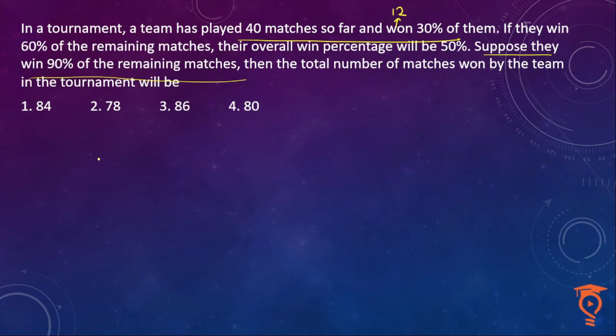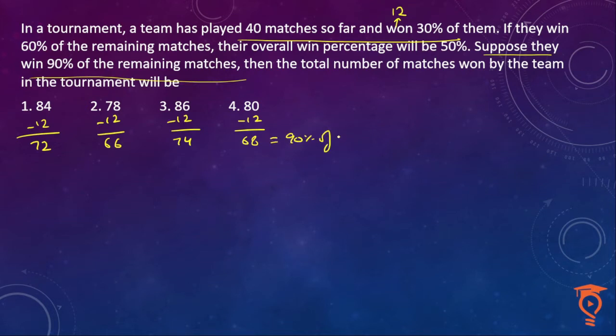And in the options is shared the total number of winnings. So if I subtract 12 from each of them, they are supposed to give me the number of matches that the team won in the remaining, and that is supposed to be 90% of new matches.